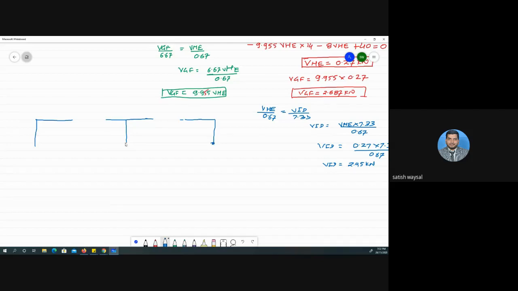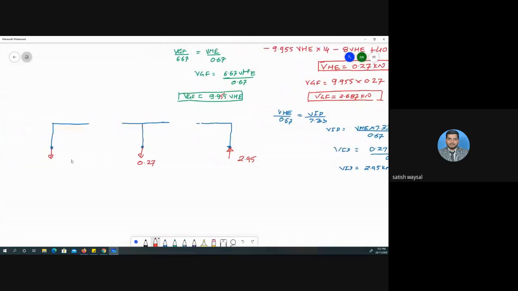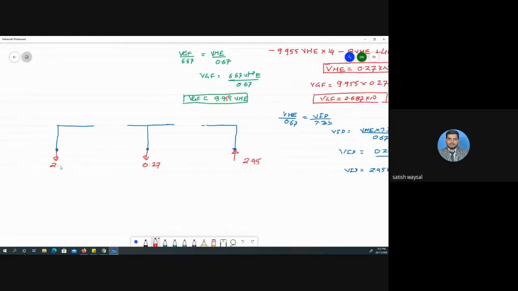We have determined these vertical reactions. This is upward, this is 2.95, this is 0.27 and this is 2.687.